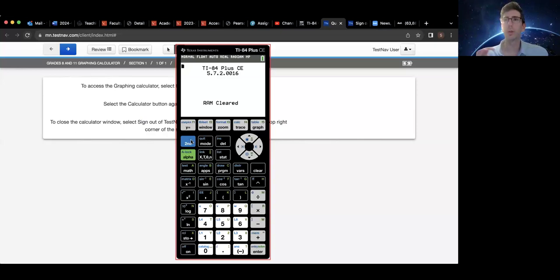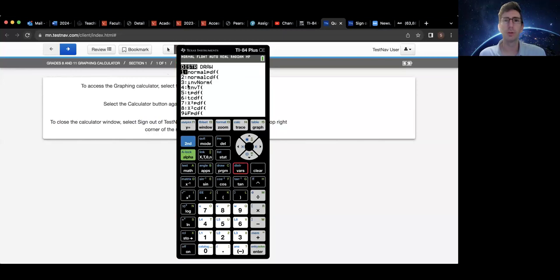So again, we know we're looking for a z-value cutoff. We don't know that z-value, right? But we do know the area under the curve to the left is 0.025. So when we know the area under the curve, but we don't know our z-value or our cutoff value, we use the inverse norm function. So we go to second and vars.